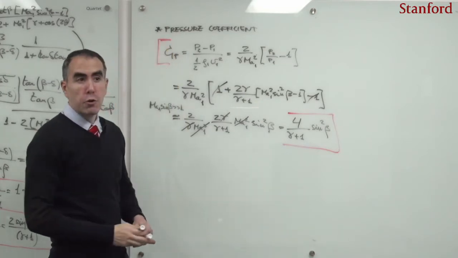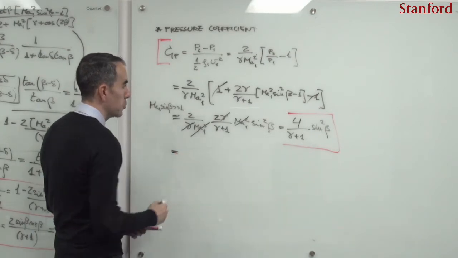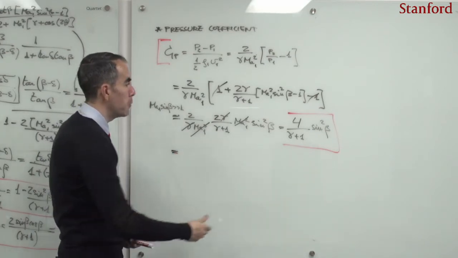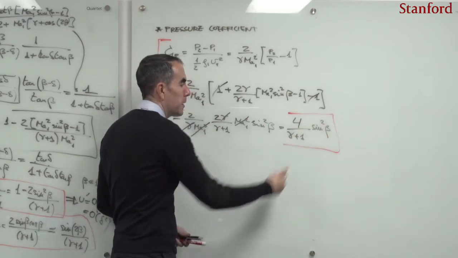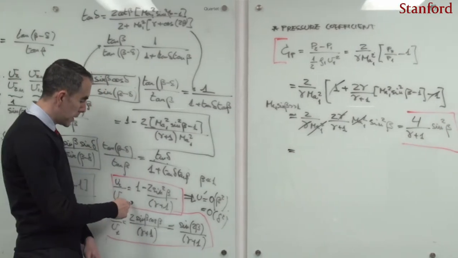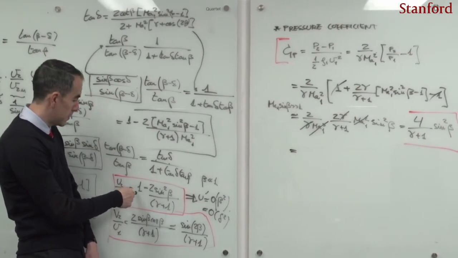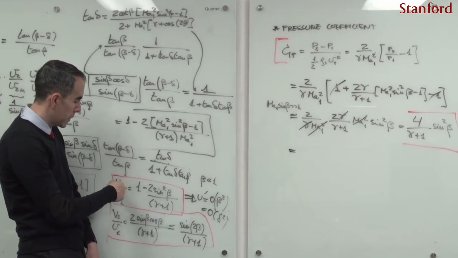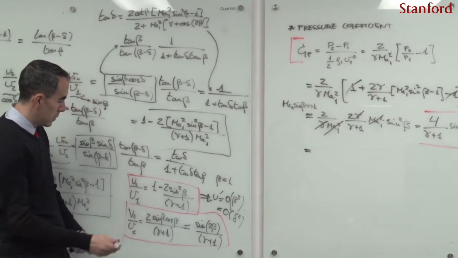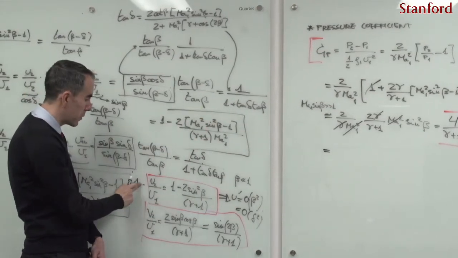Well, so I can also rewrite this pressure coefficient in terms of the velocity disturbance. I think one is probably capable of recognizing that this sine square of beta, this function that is here, resembles a little bit this horizontal velocity, right? If I say 1 minus this quantity, then I'm going to get something similar to that, right?